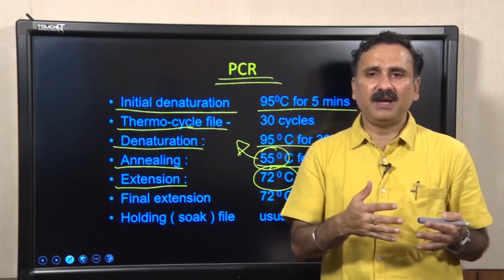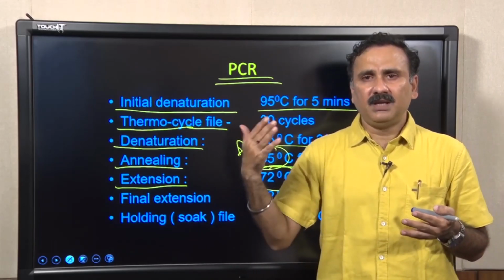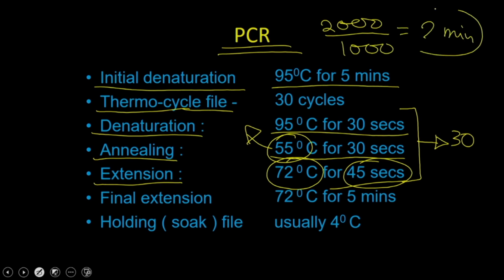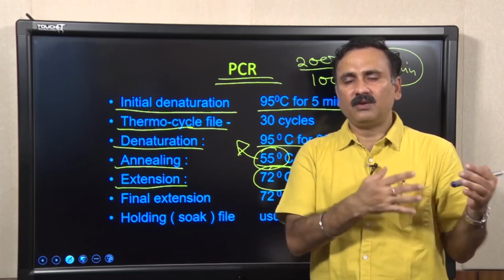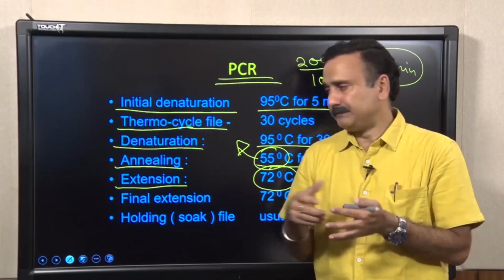For example, if I am amplifying a DNA of 2 kb, I can give an extension time slightly above 2 minutes, because 2000 divided by 1000 gives 2 minutes, but it should be slightly bigger. So, I will give 2.1 or 2.2, so that there is enough time for the enzyme to complete the extension process. Otherwise, a lot of amplicons will not be complete.